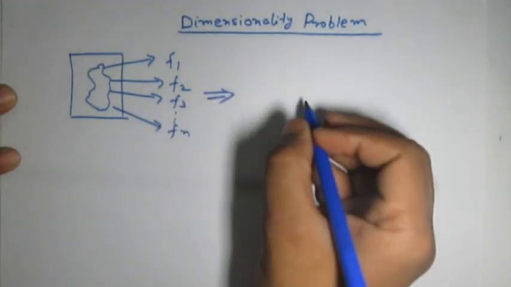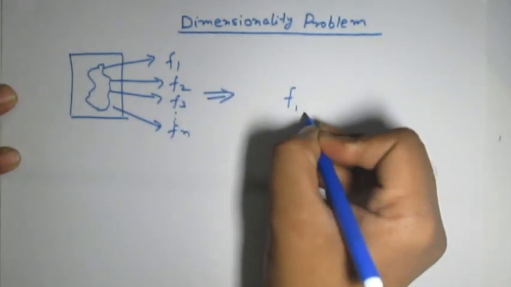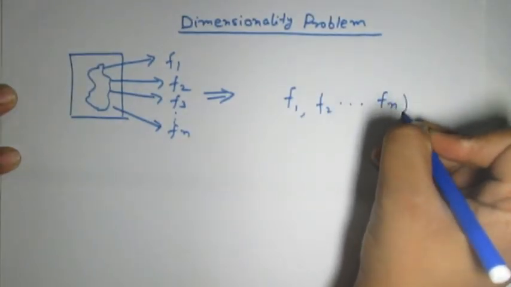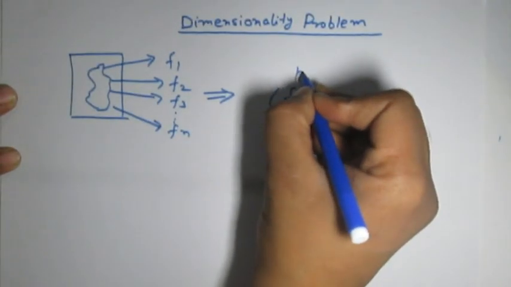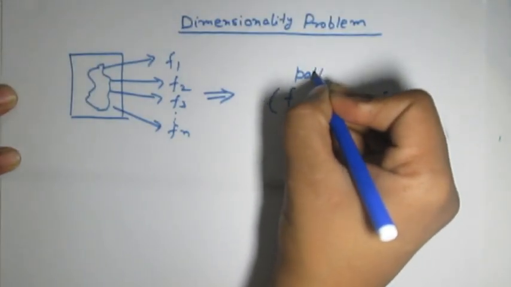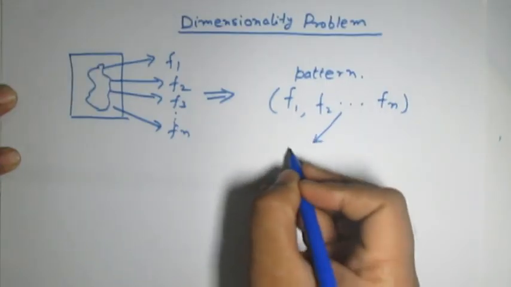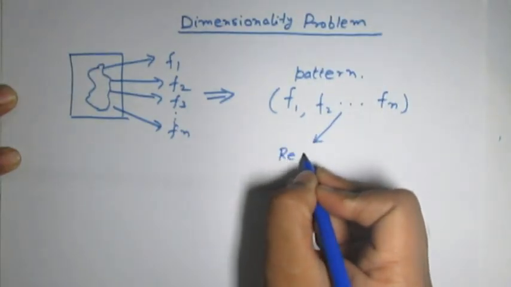Then we construct a feature vector using these features, and this feature vector is called a pattern. And this pattern is used for recognition purposes.